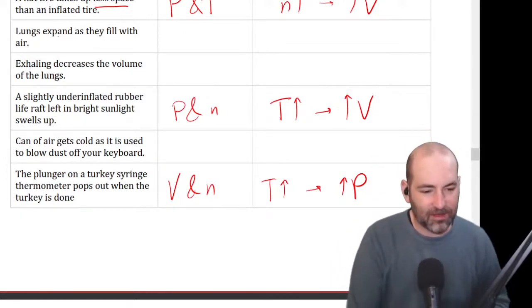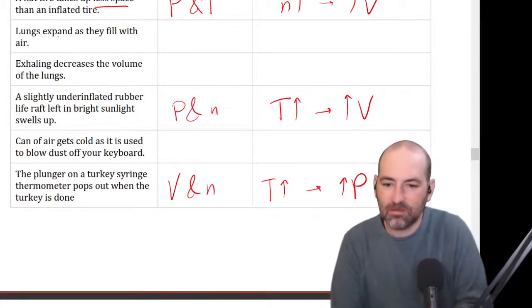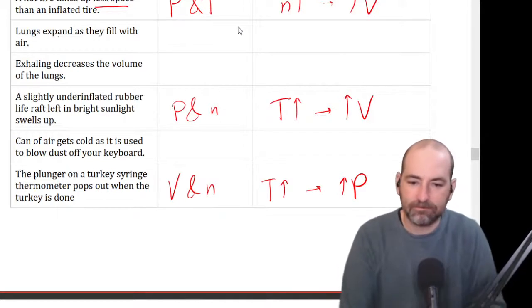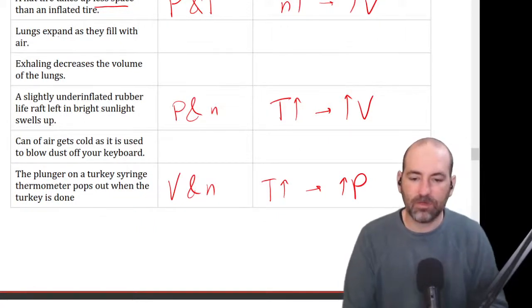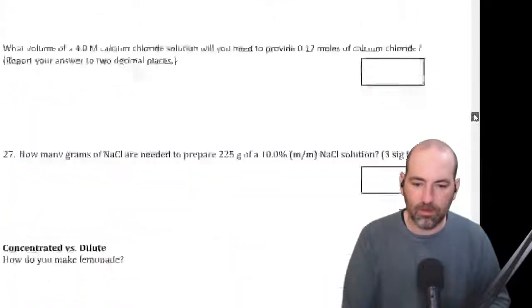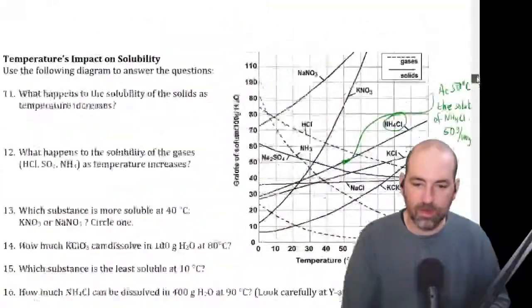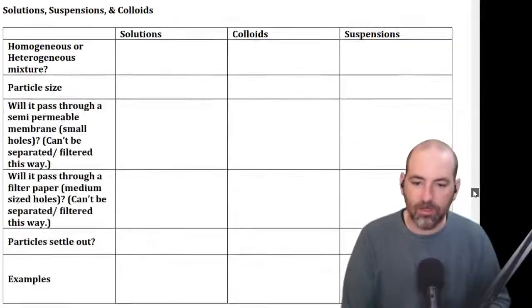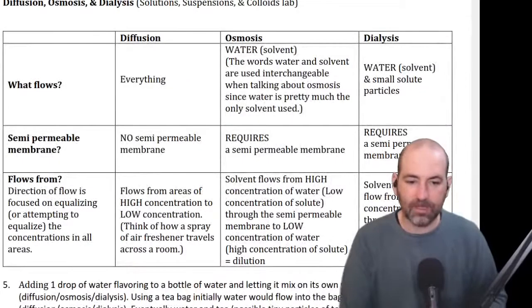All right. Other question was the difference between osmosis, dialysis, and diffusion. Yeah, let's pull that one up. Those are a little bit confusing terms because they're also used in our life, and sometimes mean different things.